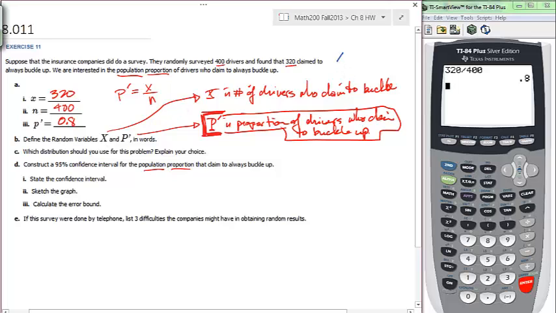Let's remember that X is a binomial distribution. And remember the notation for that is a little tilde, B for binomial, and then we look for the N and the P. It looks like N in this case is going to be 400. And P is the proportion, and we don't have a set P, so we're just going to have to use a point estimate P, which is 0.8.